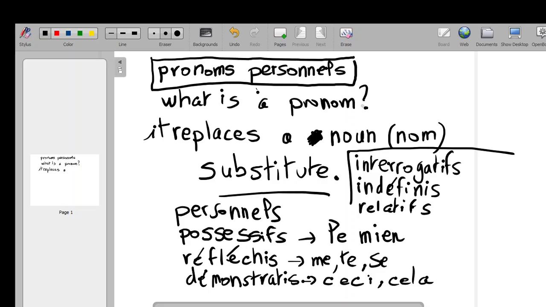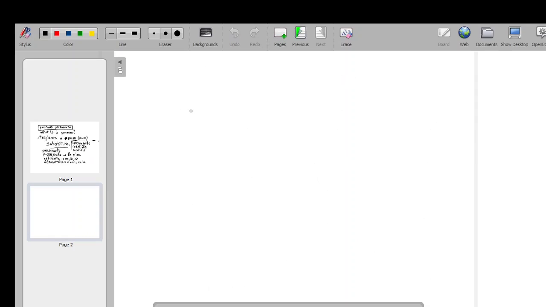And those depend on the person, but they also depend on the function in the sentence. So let's do like a table that has all the cases. So this is taken from Becherel grammar. So I'm reproducing their table.